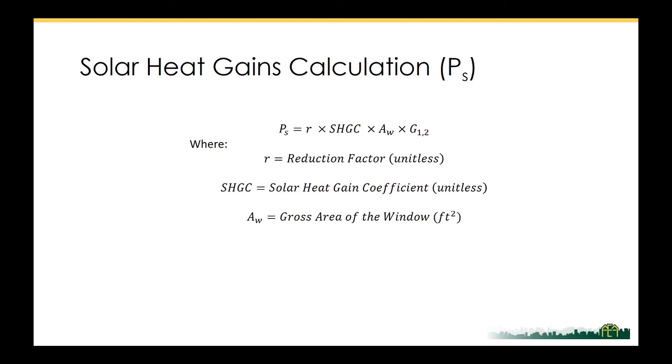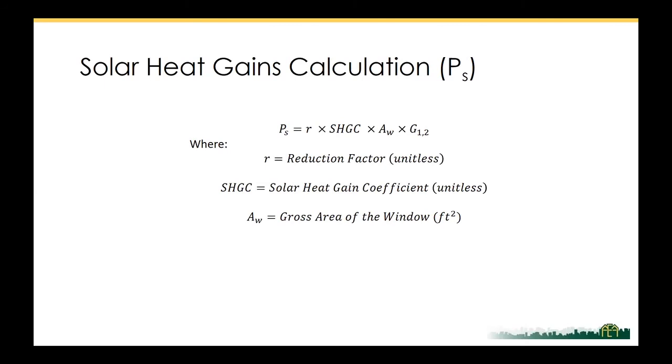The reduction factor is going to be the same for each case, but it's based off of, is there dirt on the window? We assume 0.95, which is a very low reduction factor. Is there shading? In this case, if you look at the unit that we're doing, there's a large redwood tree right next to the biggest window, and so there's high shading. We have a high shading reduction factor.